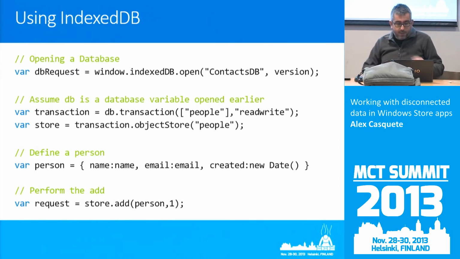When working with IndexedDB, we always need to create a transaction, which has two arguments. Then we can create an object, in this case a person, and to store this object we call the method add. It's very, very simple.